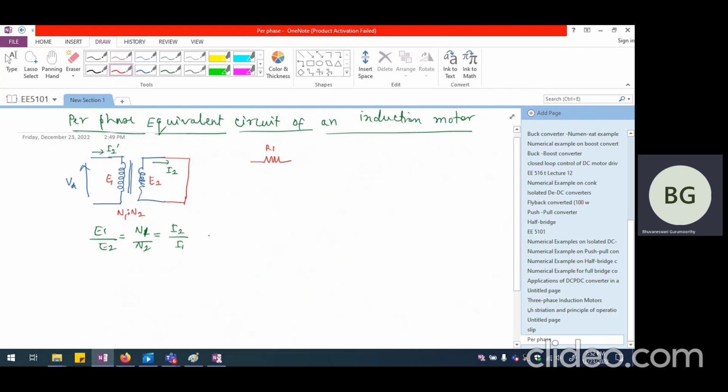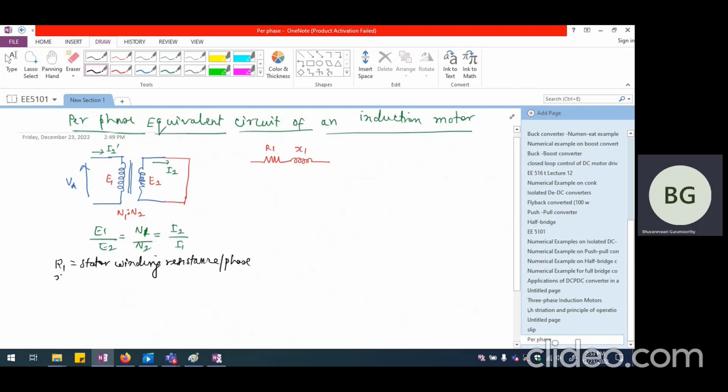So some of it will be useless. It is not going to link with the other member. So that leakage flux I'm going to call a reactance drop. So I'm going to call this X1, which is the stator leakage reactance. So R1 is stator winding resistance per phase.